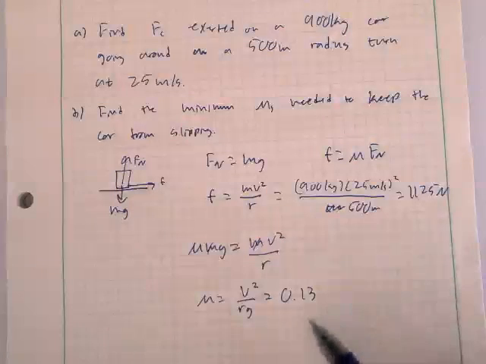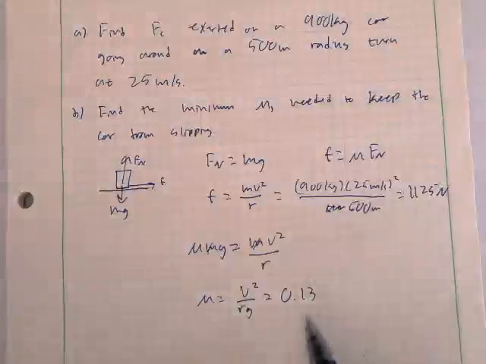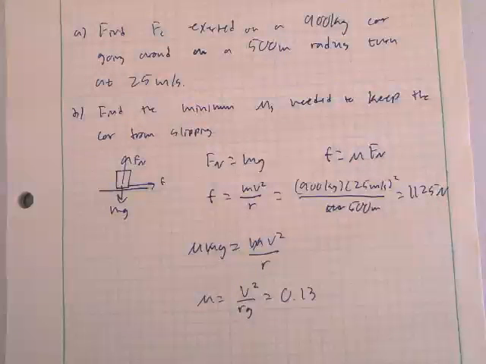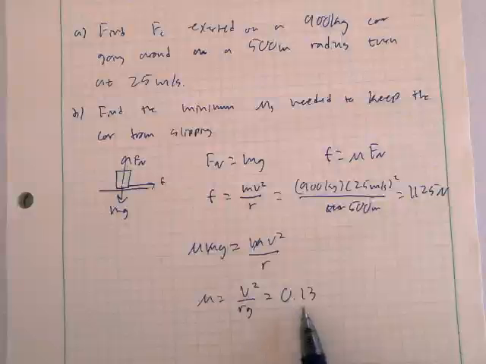So in this case, right, we're taking a pretty wide turn. The radius of the turn is 500 meters. So we do need a relatively small coefficient of static friction to pull us around this turn. Usually when you have tires on pavement, your coefficient of friction will be around 0.8 or 0.9, something like that. If it's wet pavement, it'll maybe be like 0.2 or 0.3.